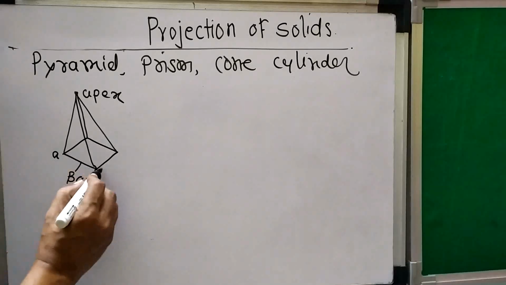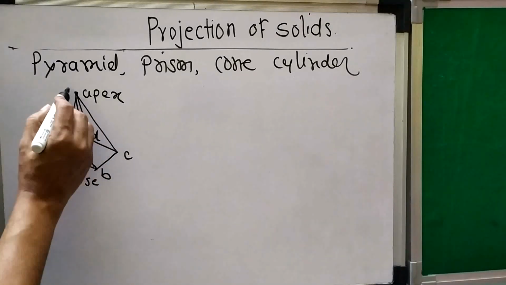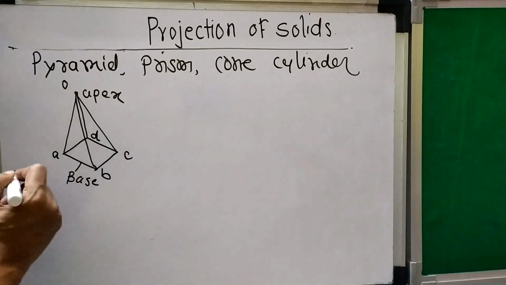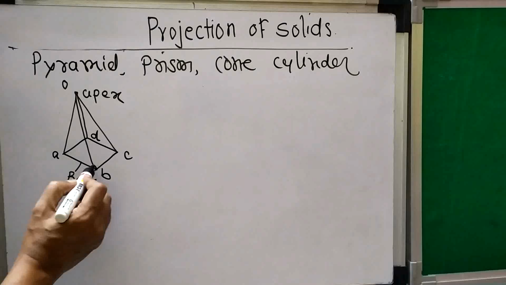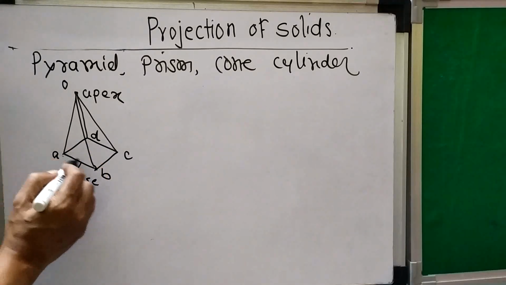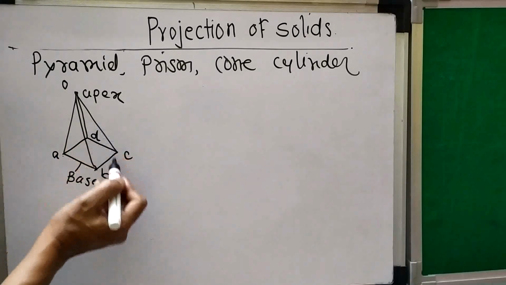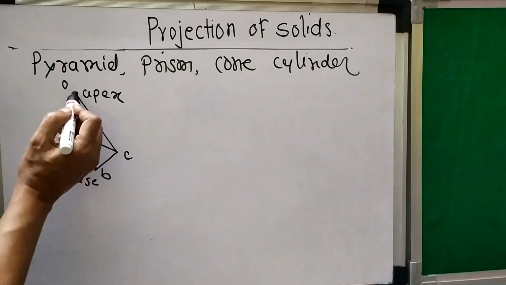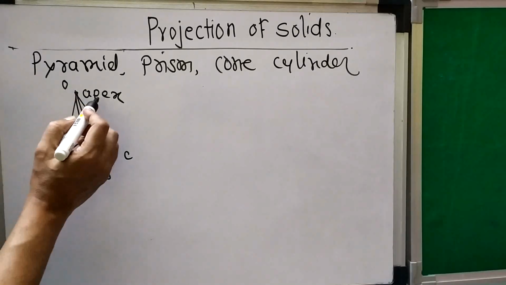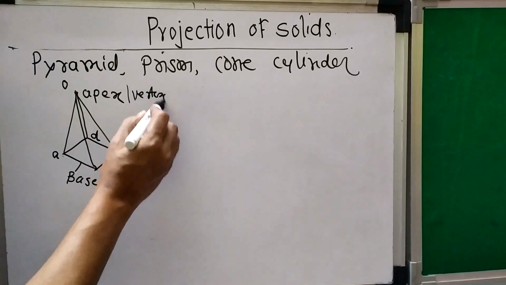Suppose A, B, C, D is a base and O is the apex. So this is a square pyramid having a square as a base, and from each side of the base there are four triangular faces emerging and merging to a point called the apex or vertex.